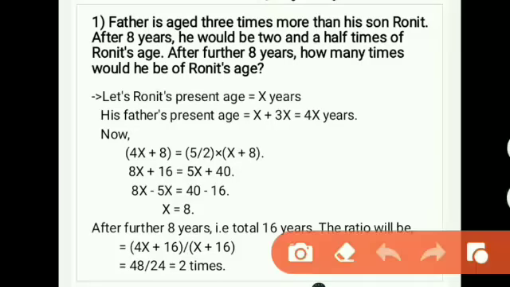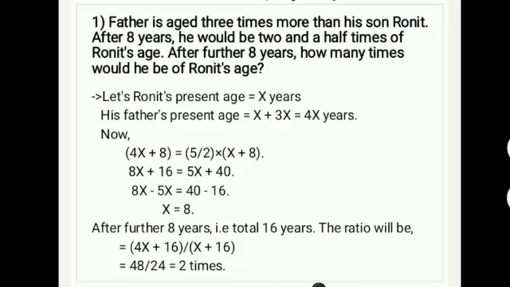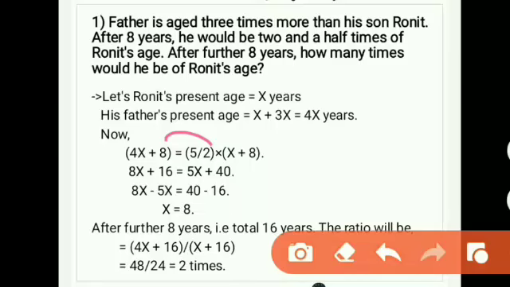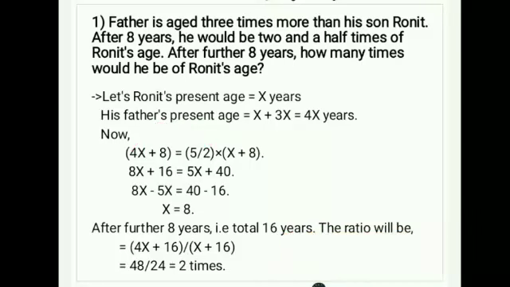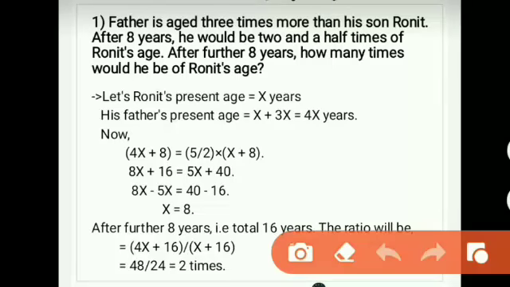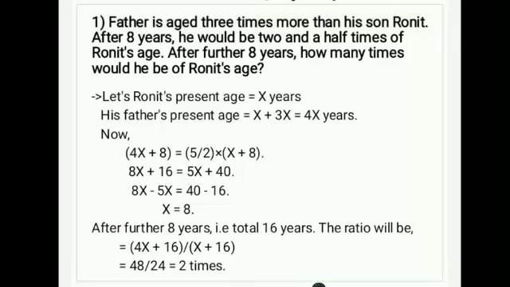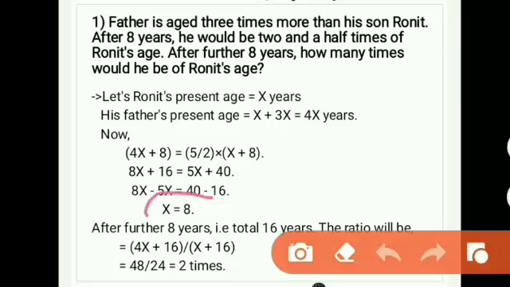The 2 will go to the right side and 5 remains on the LHS. Multiply 8 to each term in the LHS and RHS respectively. After simplifying this expression, we get 8 as the value of x.